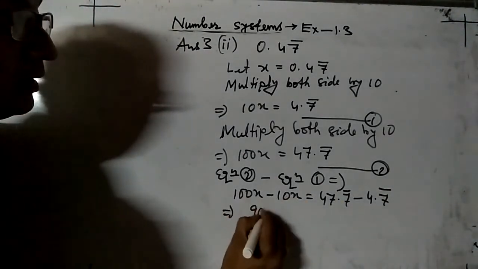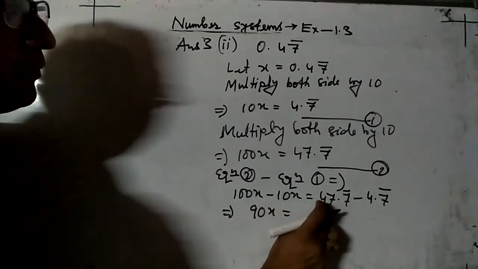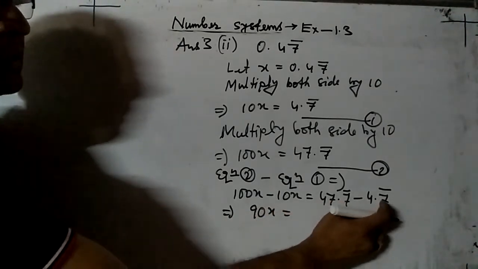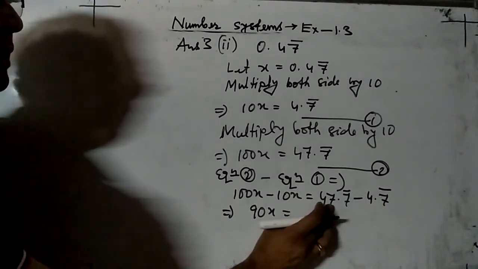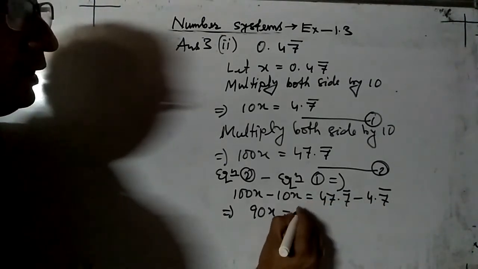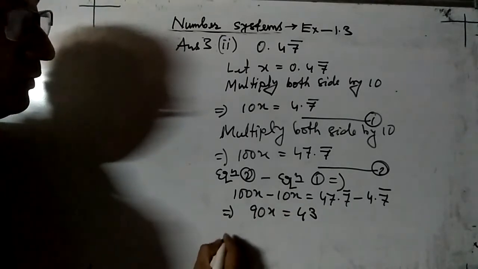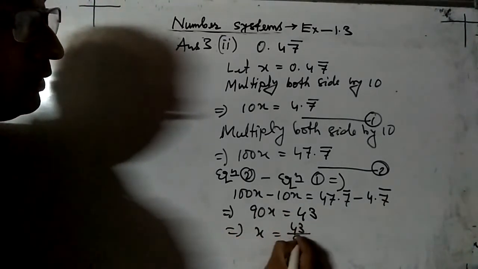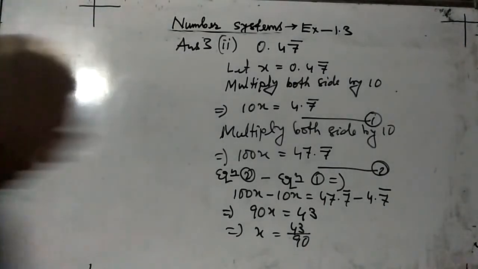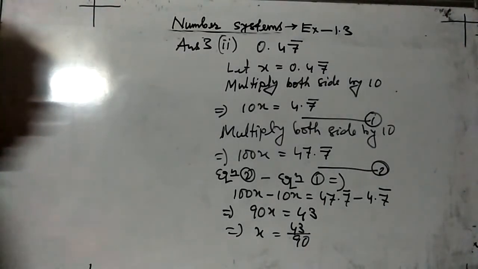So 100x minus 10x is 90x, and 47.7 bar minus 4.7 bar: the 7 bar will be cancelled, that is 0. That means 47 minus 4 is 43. So x equals 43 upon 90, and this is our answer. So this was question number 3.